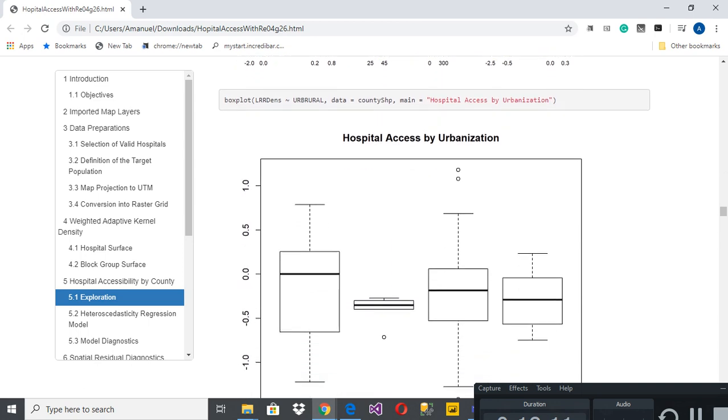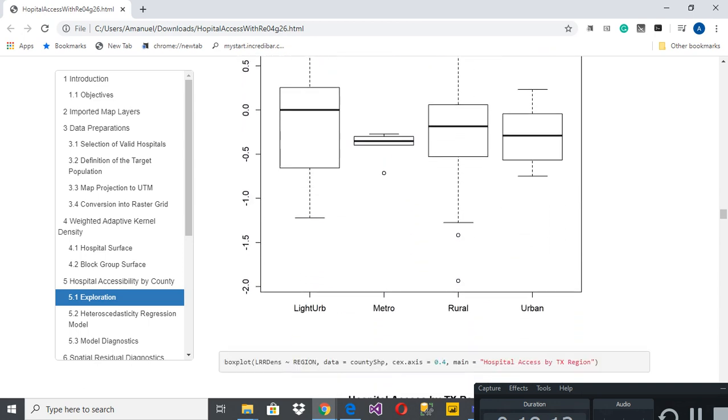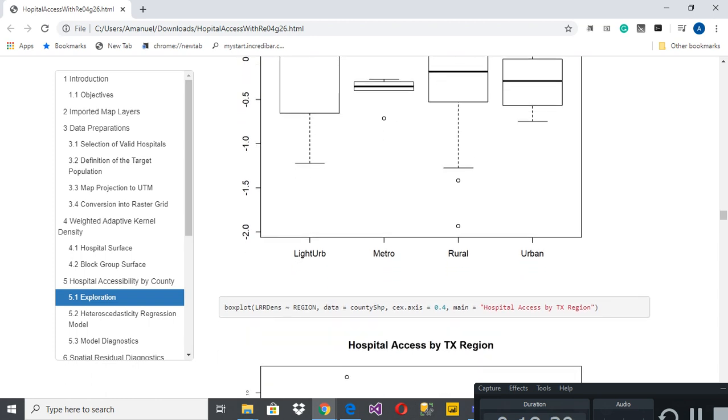So when we see the hospital access by urbanization, we can see from this box plot that light urban areas have high median access, as well as rural, followed by urban, and the metropolitan areas have lower median access.